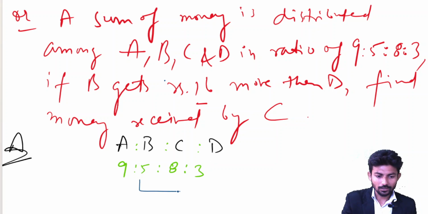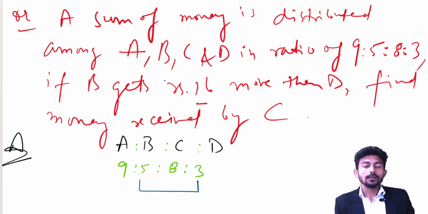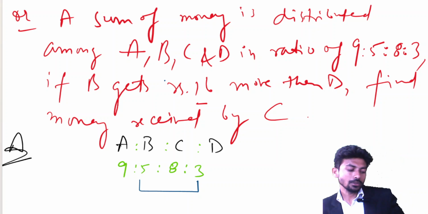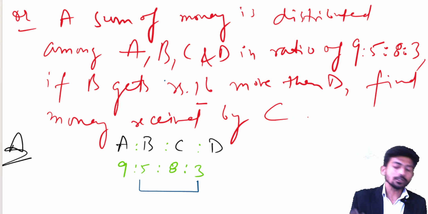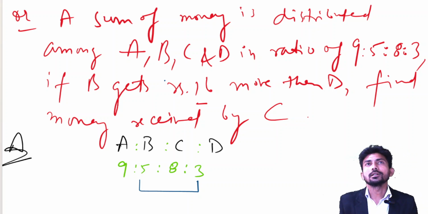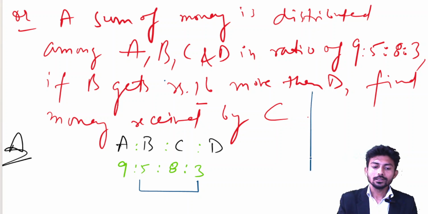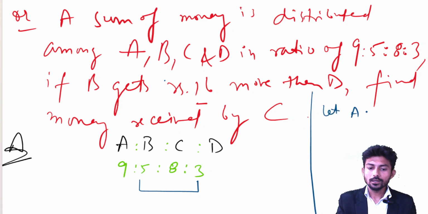So we can see here B and D in terms of units. How we were doing such problems initially, mainly in our school time, was like this: let the amount given to A be 9x. For B it is 5x.